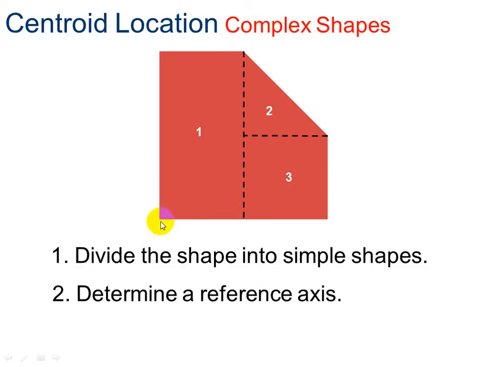Or I can put my reference point here, 0, 0 here, and then my centroid locations would be a positive x and a positive y. Or I could locate my reference axis at this corner, and then I would have a positive x for my centroid location, but I would have a negative y. So I'm going to choose to put my reference point right down here. That way I can keep my x's and y's both positive. We want to stay positive.